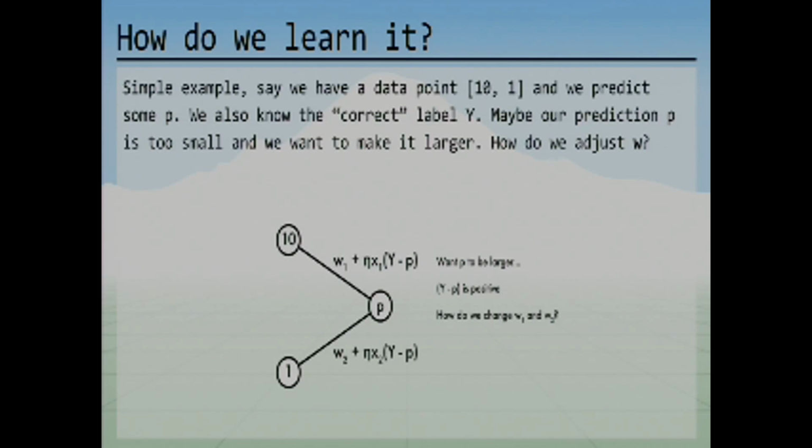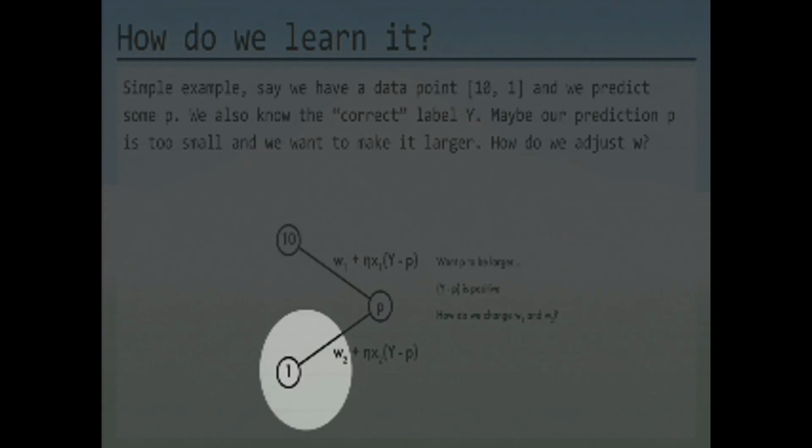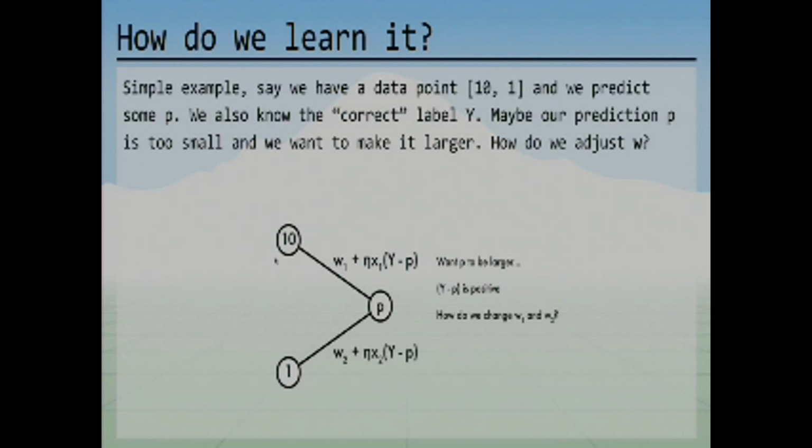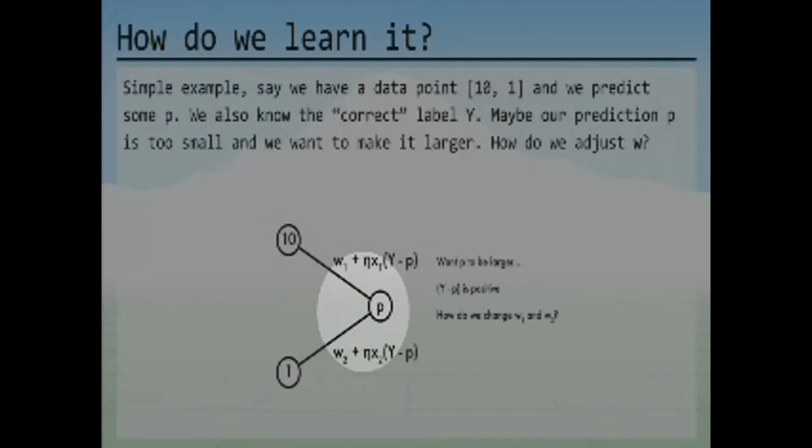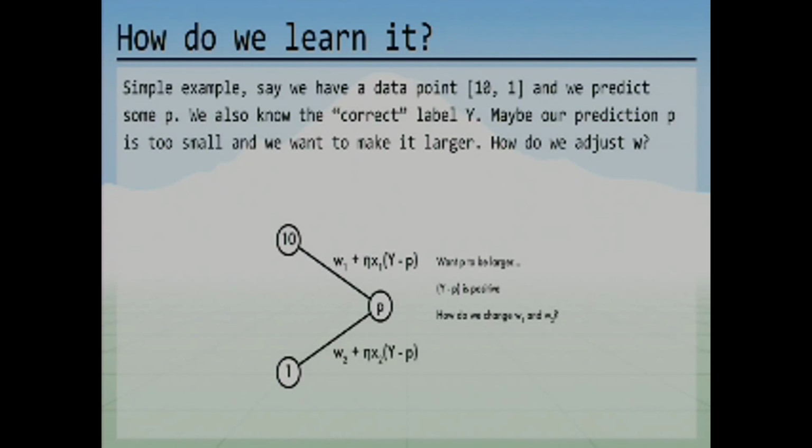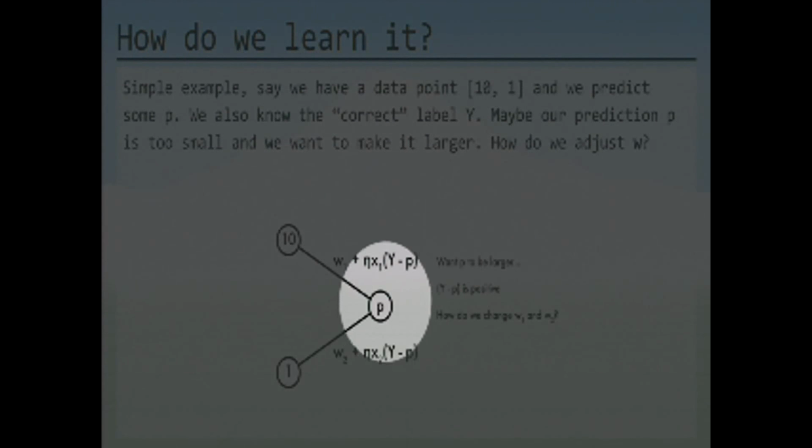And so we went through a basic, simple example where we have logistic regression, or just a linear model here, and in particular our input is just going to be these two numbers, 10 and 1, and our output p is going to be some linear combination of those two numbers. And imagine that we want to make p larger.